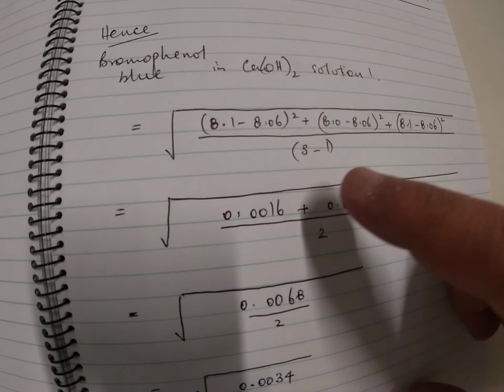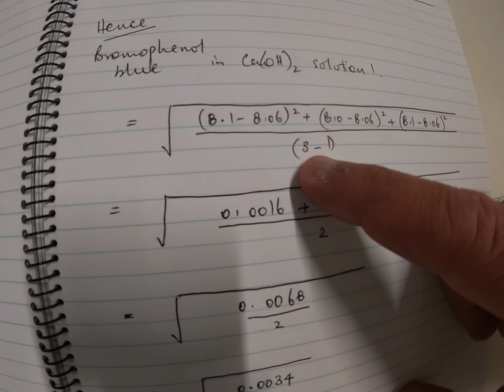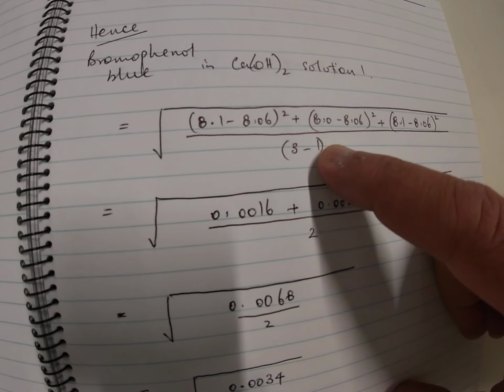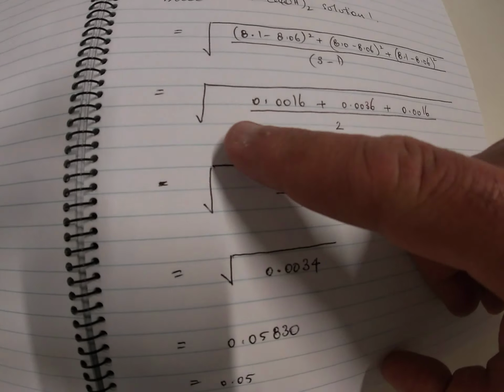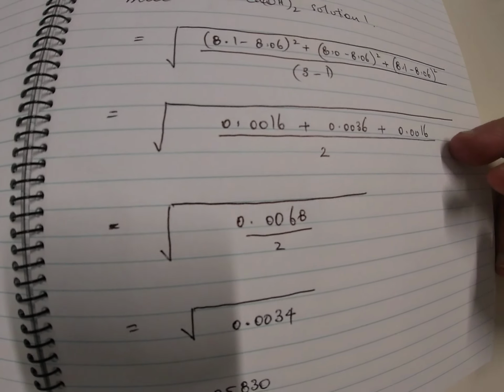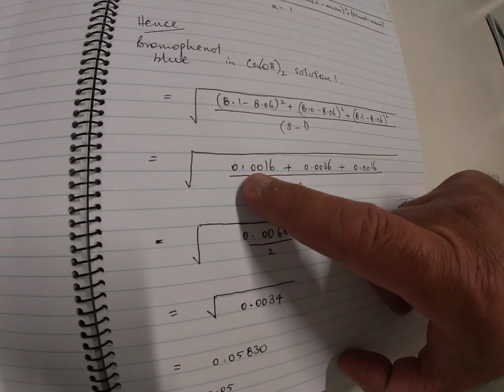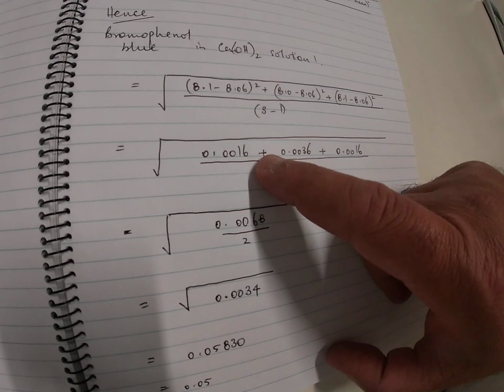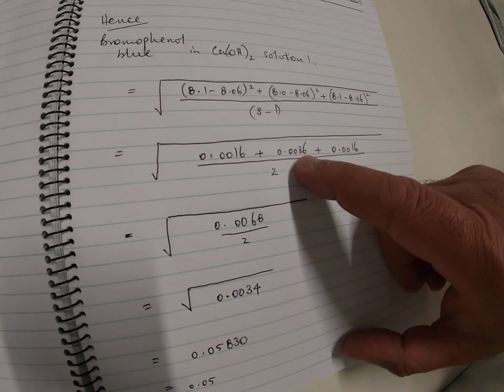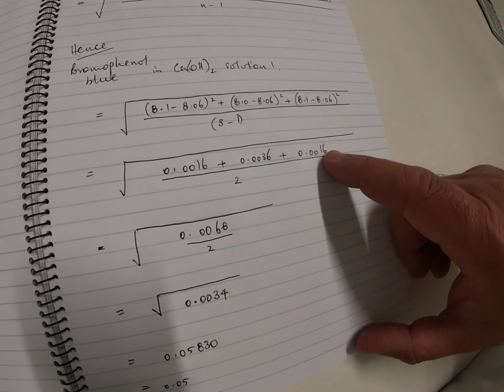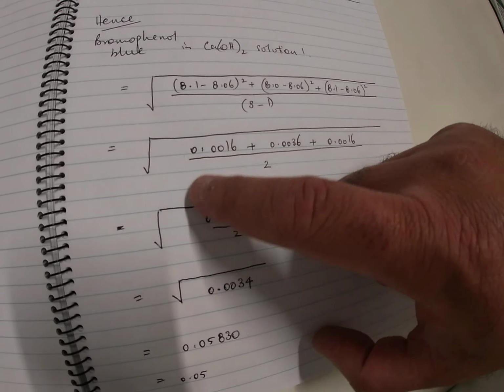And then divided by 3, because we're only using 3 values, minus 1, which in this case will be 2. So let's go to the next step in this equation. So it's 0.016 plus 0.0036 plus 0.0016, all divided by 2.